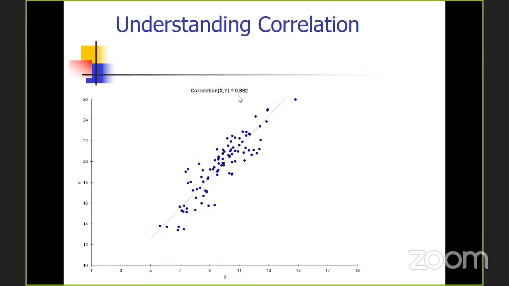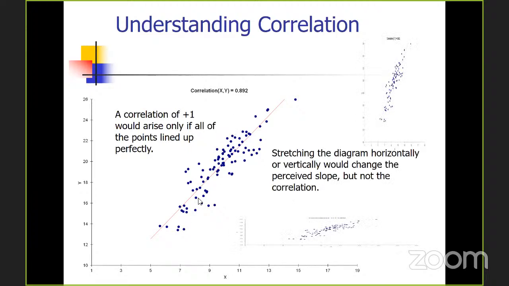So here's one where they actually calculated it. Here's the line of best fit, and this correlation is 0.892. And if you look at that, 0.892 is actually a strong correlation. Does that look strong to you? I think you can see a pattern that's clear. And this pattern is true no matter how you draw the lines.